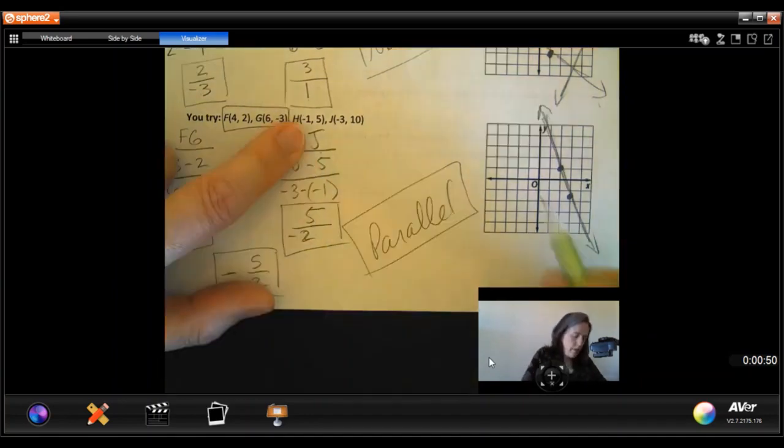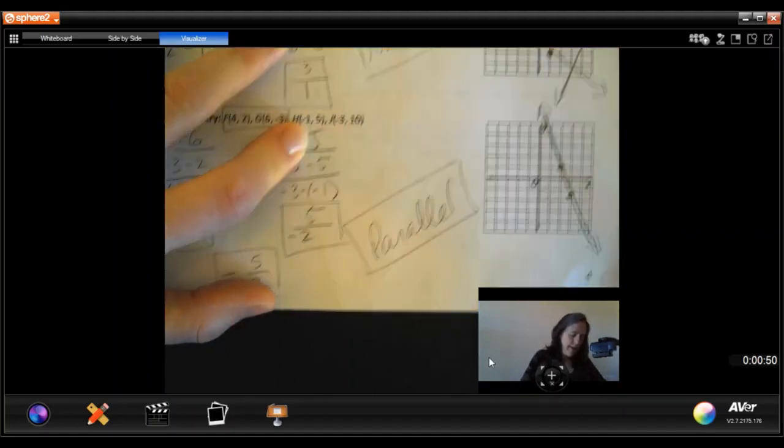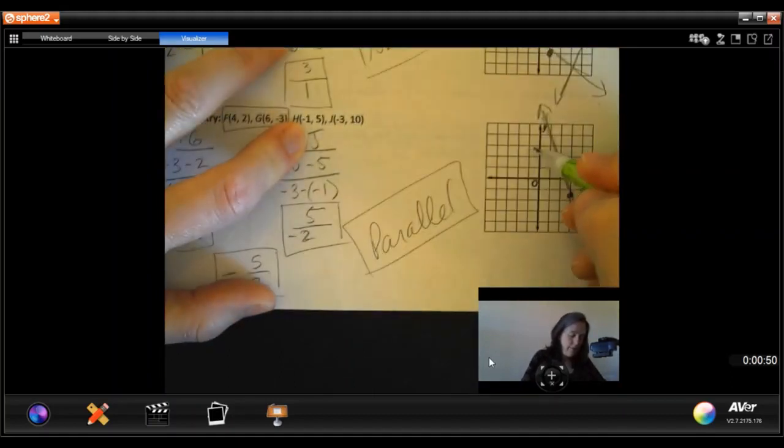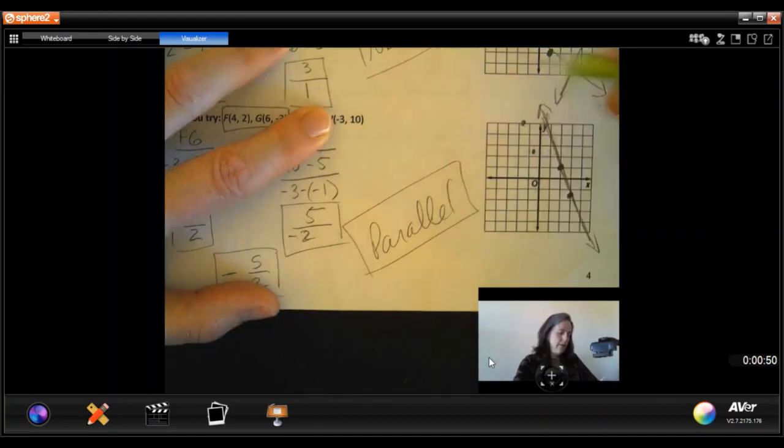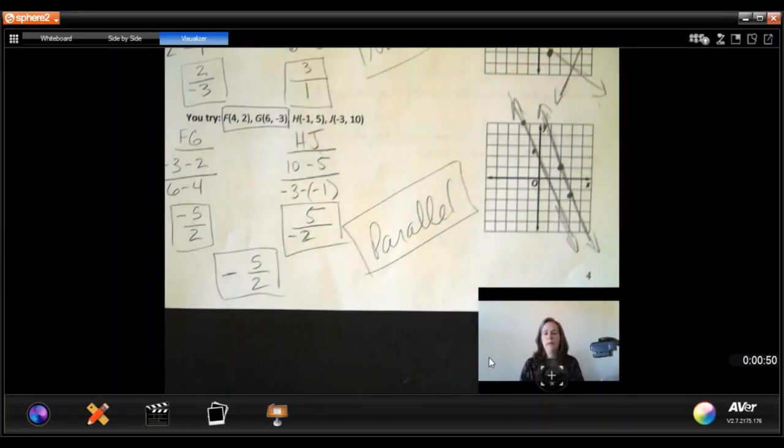And then -1, 5. Actually, I didn't do that quite right. -1 would be halfway, 5 would be here. And then -3, 10 there. All right, those look like they could definitely be parallel lines. I agree with what we found.